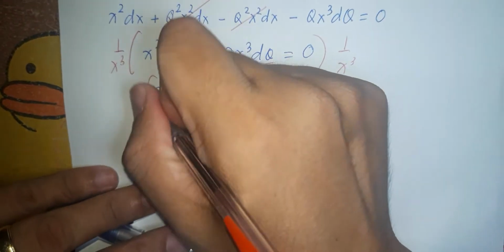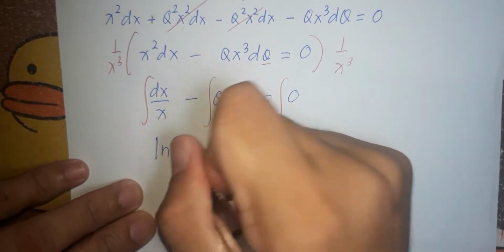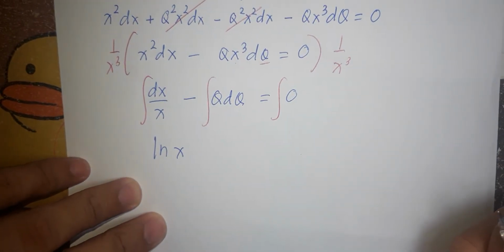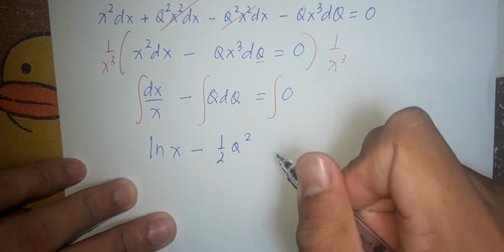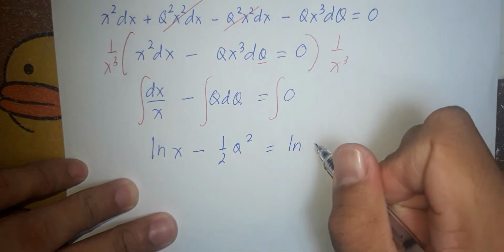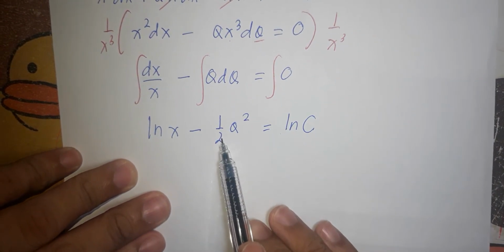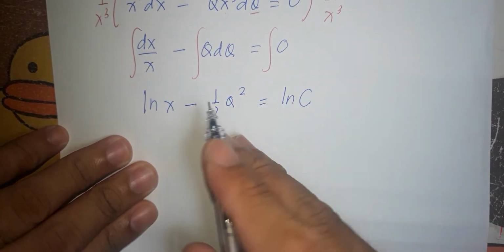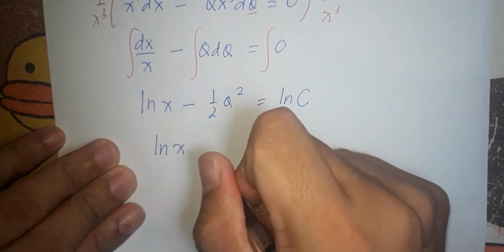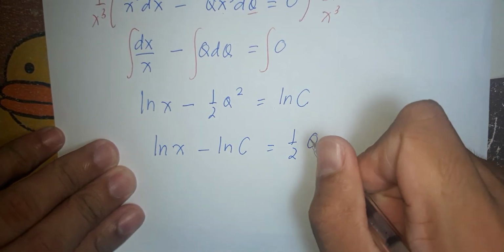So, since they are integrable now, let us integrate. This gives you ln x minus 1/2 q squared, using the power formula, is equal to ln c. If I transpose this 1/2 q squared to the other side of the equation and transpose this ln c to the left side of the equation, this gives ln x minus ln c is equal to 1/2 q squared.